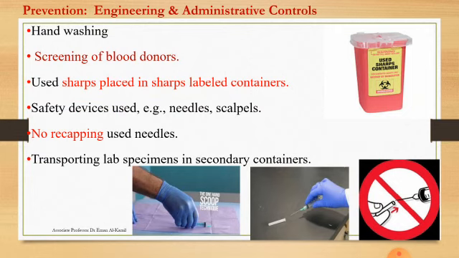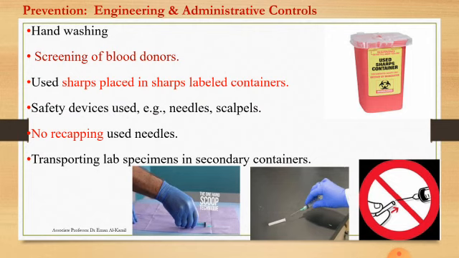First, hand washing, always for people who are working with or dealing with patients. Screening of blood donors. This is a very important system which should be followed by all the institutions. Hand washing, screening of blood donors or other organs, as we mentioned.